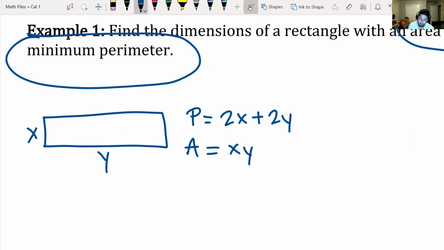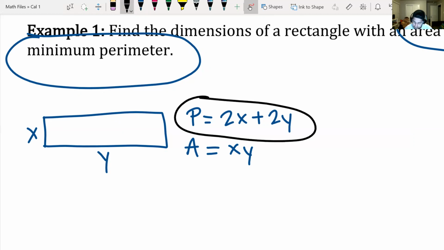Okay, so from the problem above, it tells us to minimize the perimeter. So our job is to minimize this perimeter function. But in order to do so, we need to make it all in terms of one single variable, which means you have 2 choices here.